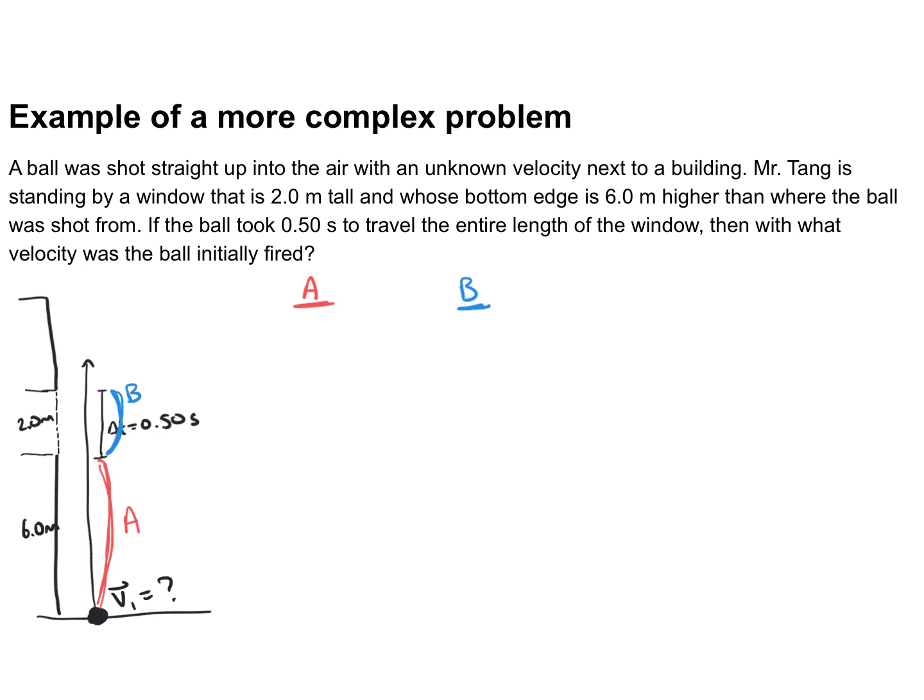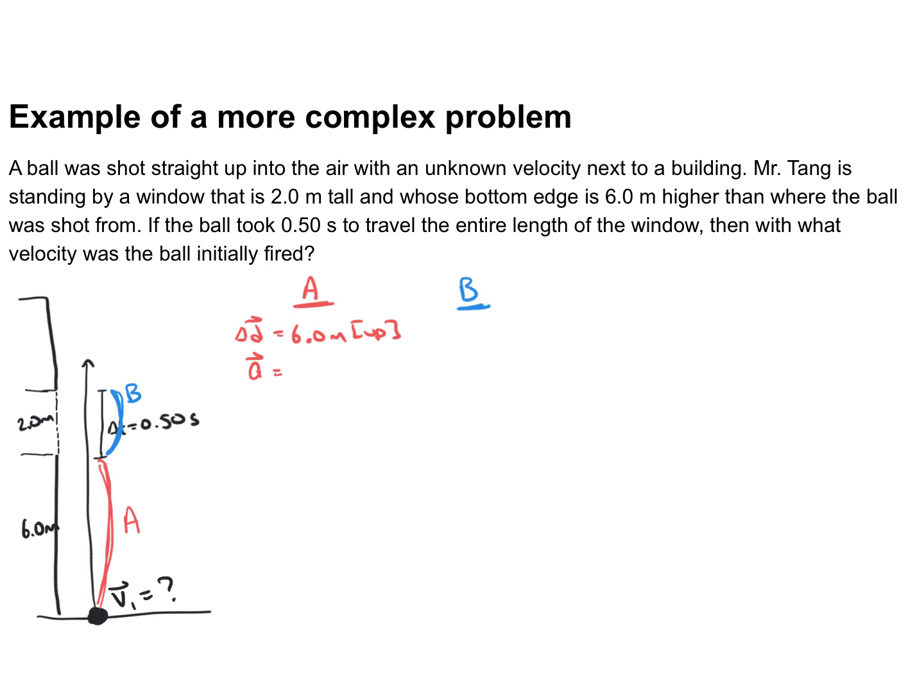So in part A, what is known? The displacement is known. It is 6 meters up. And that's about it, at least in the wording of the question. Now, something you need to know is the acceleration in these situations, because it's due to gravity. And gravity is going to cause this ball to slow down, actually.